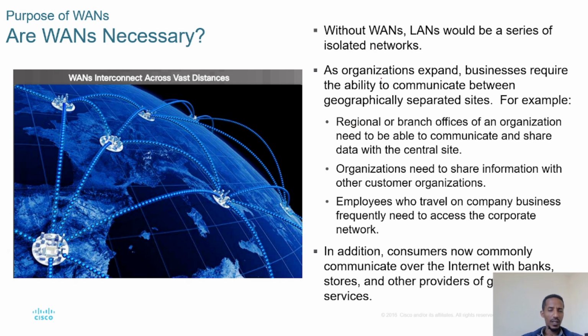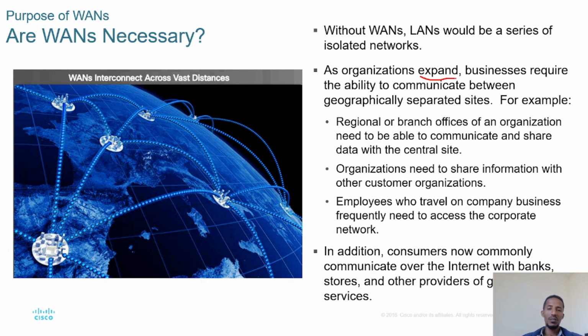As an organization, the main reason that we require this kind of WAN is that organizations expand through time. Their businesses will be larger and broader in geographic scope and capacity.